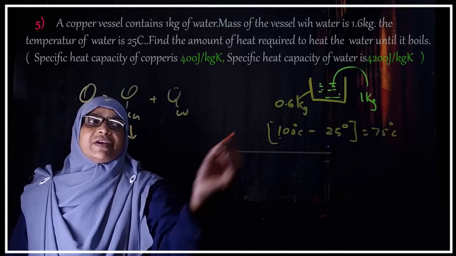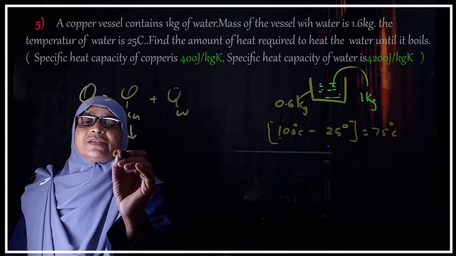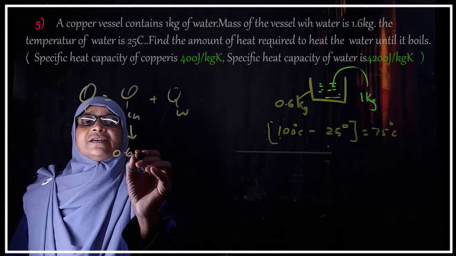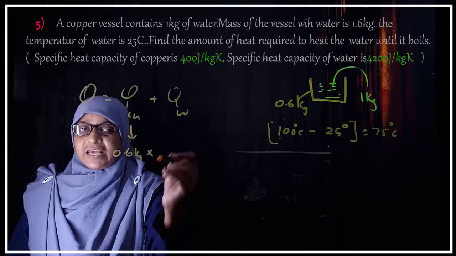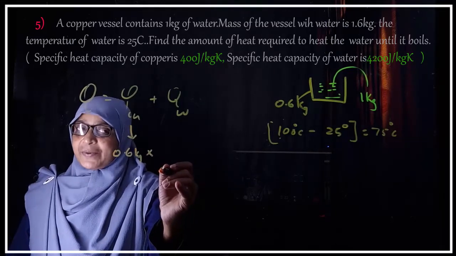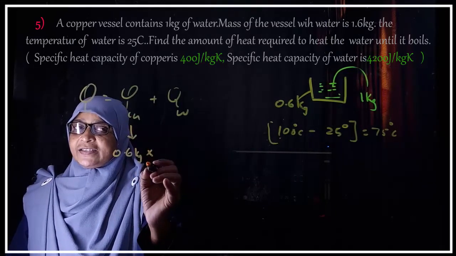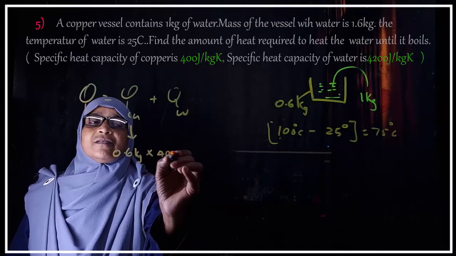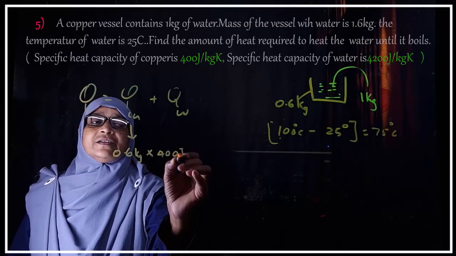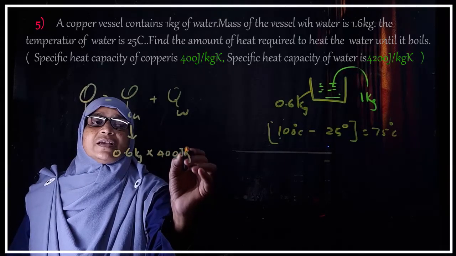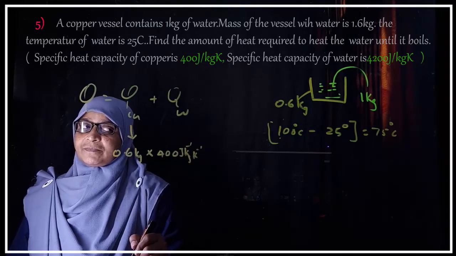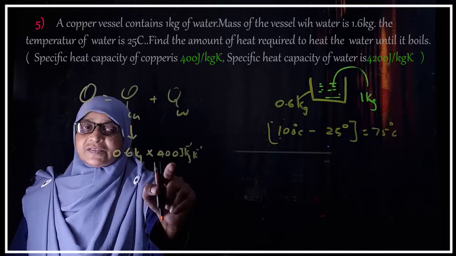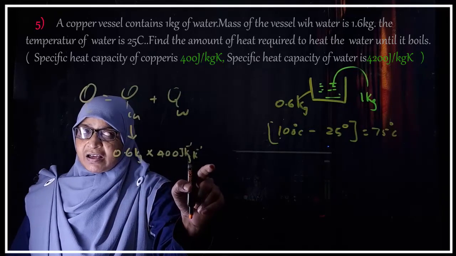Mass of the copper vessel M is 0.6 kg. C, the specific heat capacity of copper, is 400 joules per kg per K. M C theta.